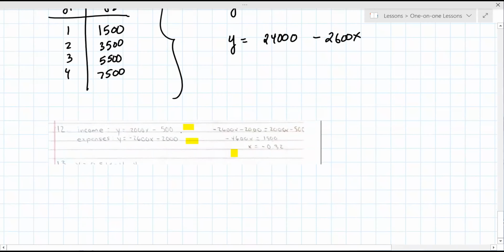So this value should be that one, 24,000.